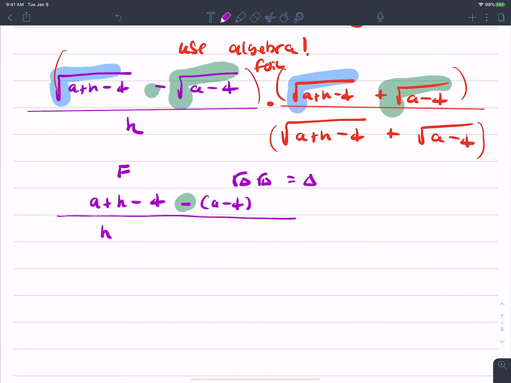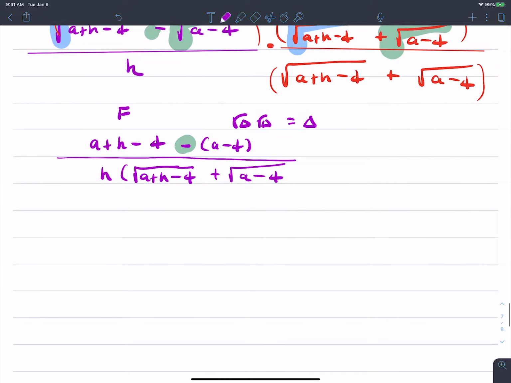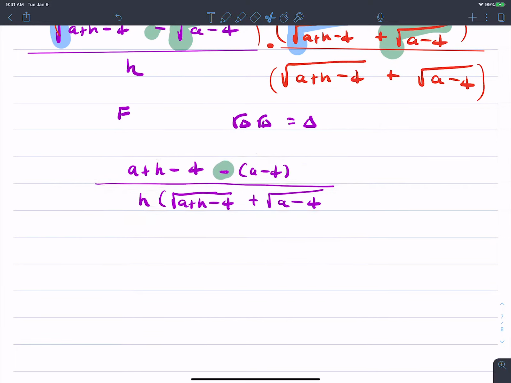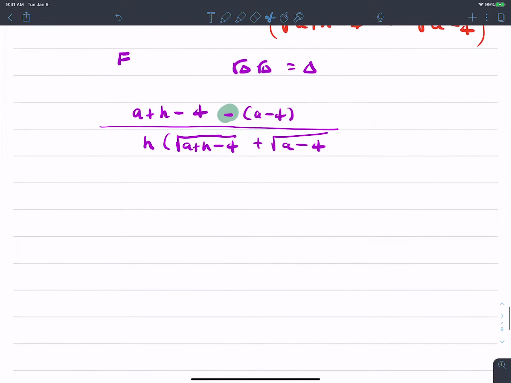The denominator, don't really multiply. Just keep it as h times the square root of a plus h minus 4 plus the square root of a minus 4. And you say, what happens now? Well, here's what happens.